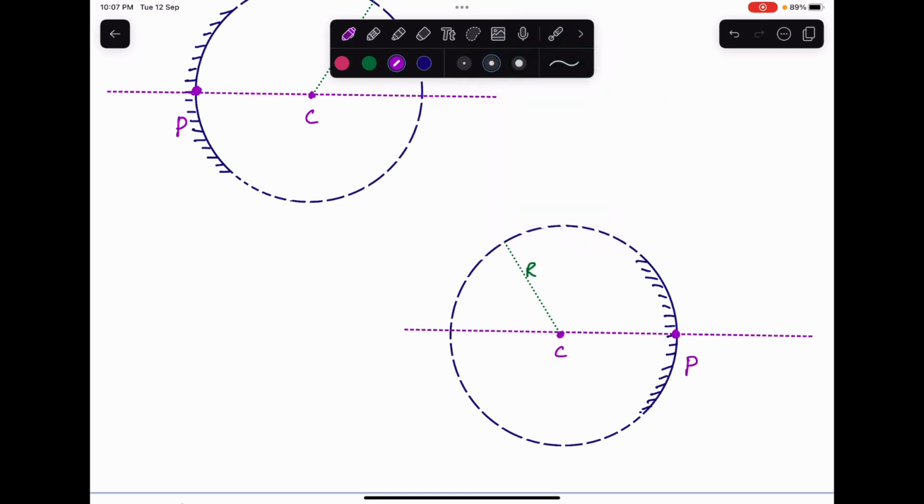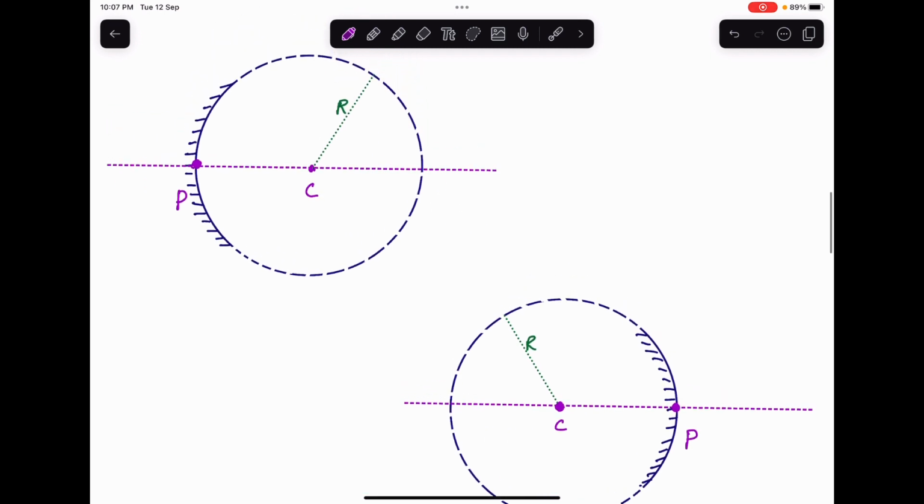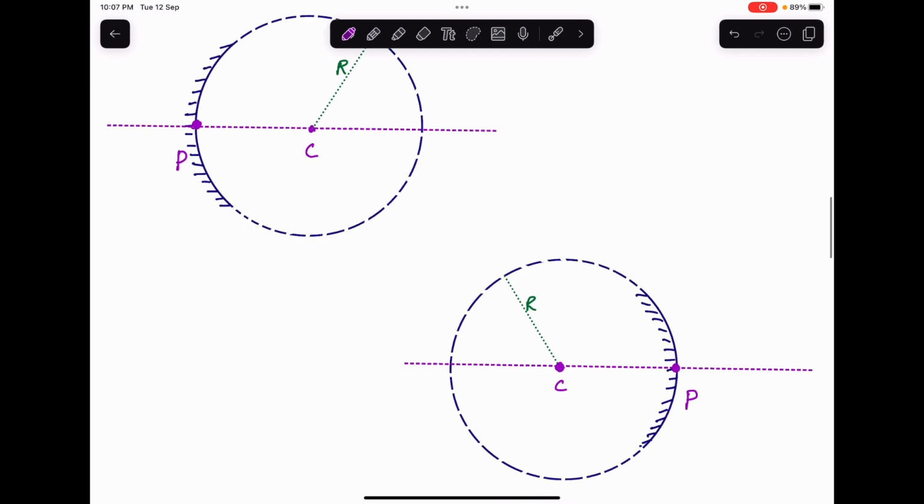So a line drawn, or an imaginary line passing through the pole as well as the center of curvature, we call your principal axis. So this is one thing.